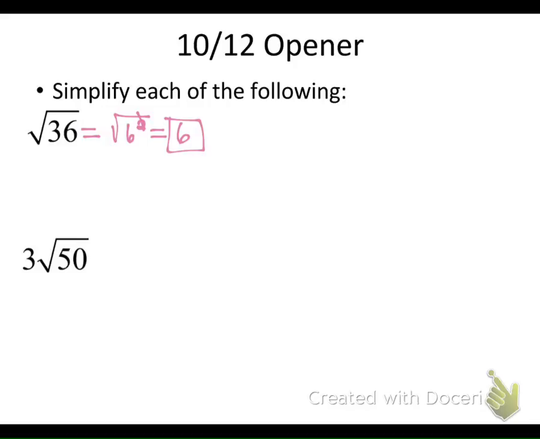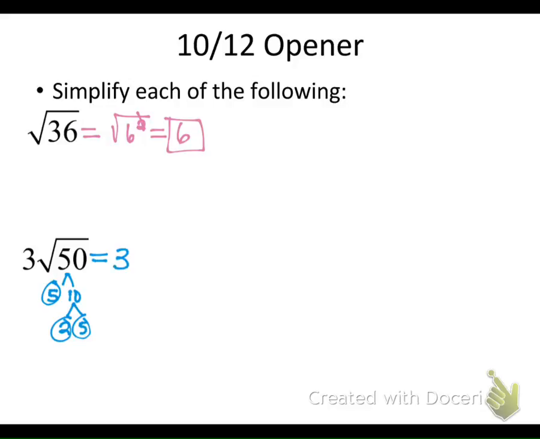The next one, we start with the coefficient, 3 square root 50. Jemiah, what are two factors I can use for 50? And for 10? When I go to rewrite this, Jemiah, what do I need to make sure I put first? Very good.